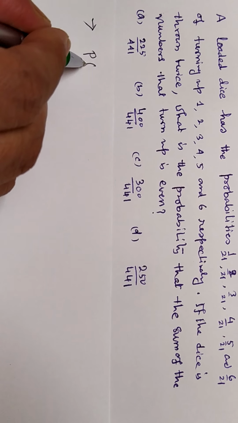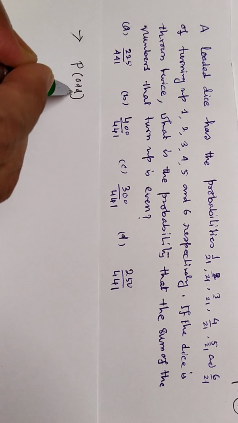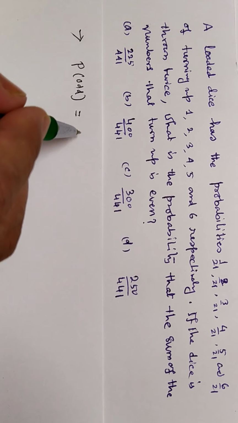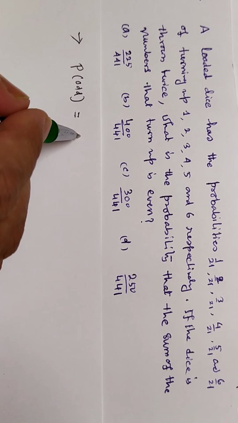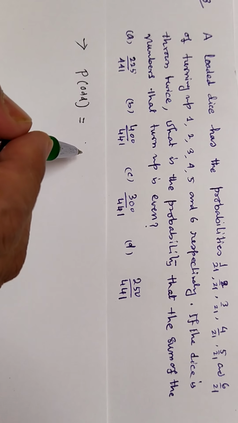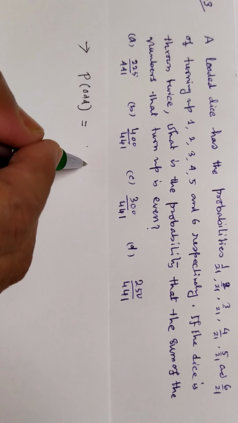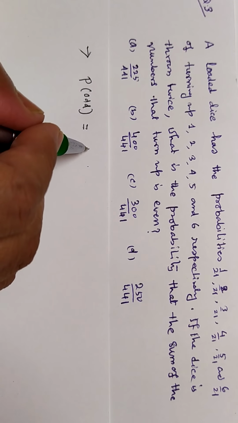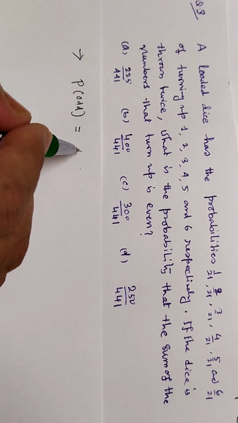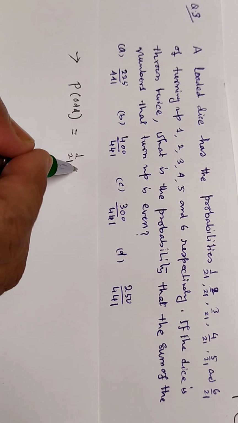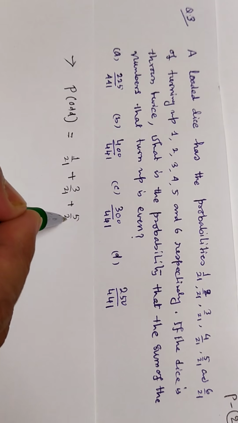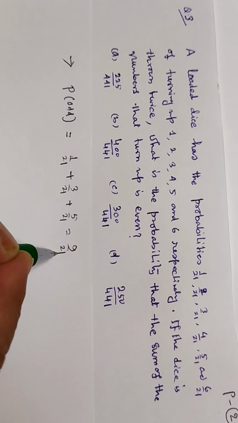The probability that you have an odd number would be: either face 1, or face 3, or face 5, and therefore the total probability of an odd number occurring is 1 by 21 plus 3 by 21 plus 5 by 21 equals 9 by 21.